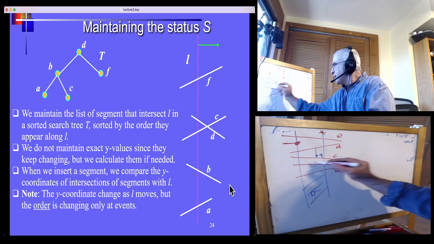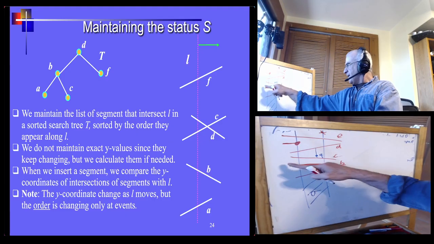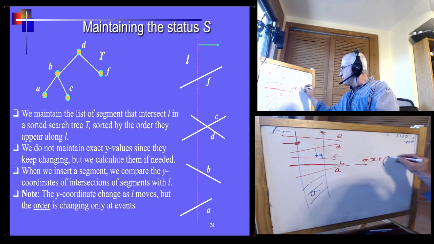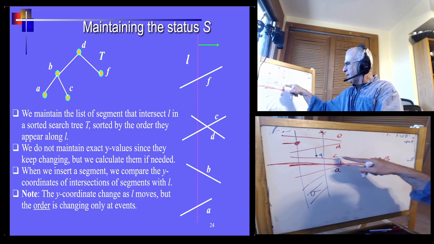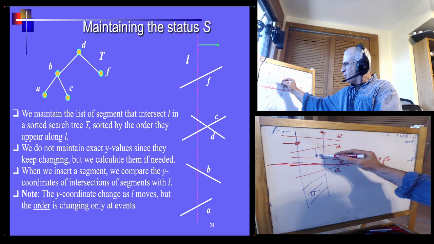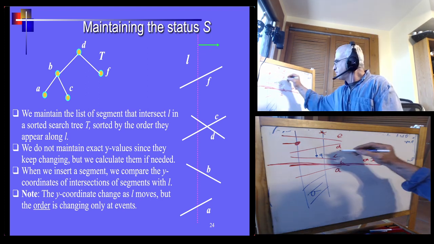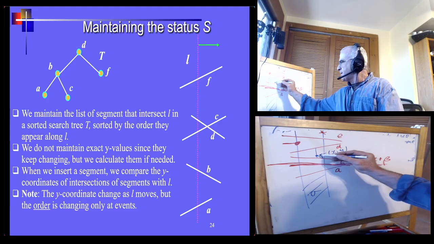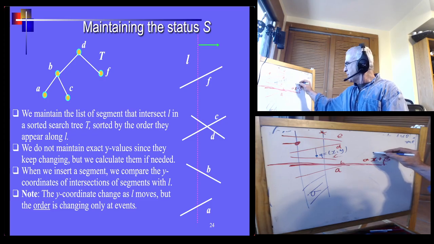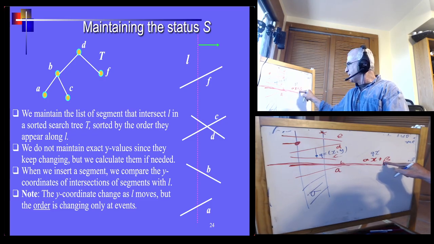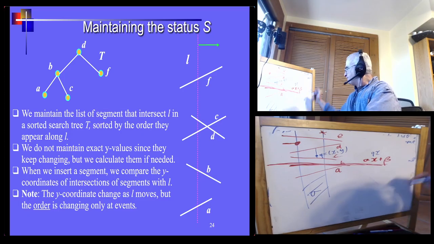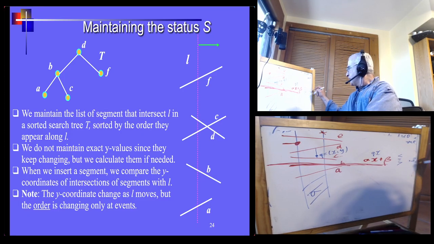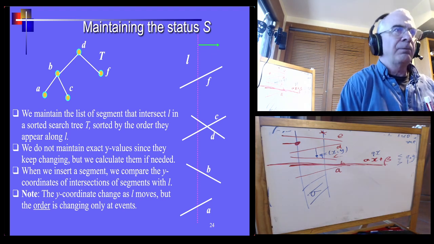If I know the line through B, a line alpha x plus beta, check the details from the last meeting, and you give me Q, then I'll ask for the x, y coordinates of Q, and I'll take the x value, Q dot x, multiplied by alpha plus beta, and check whether this is larger, equal, or smaller than Q dot y, the y value of Q, telling you if you are above, on, or below the line.